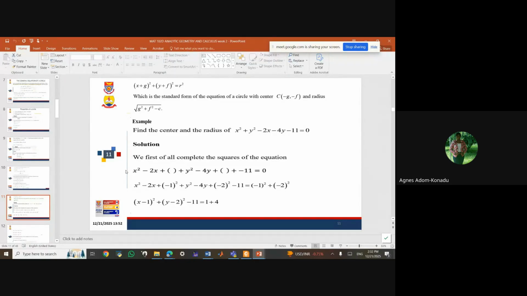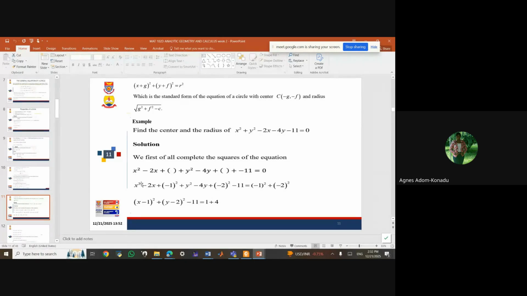So this thing can be written as x squared minus 2x. Then I will divide the coefficient by 2, which will give me 1. So I have the completing of squares, (-1) squared, and then minus 1 squared. So 1 will go to the other side.